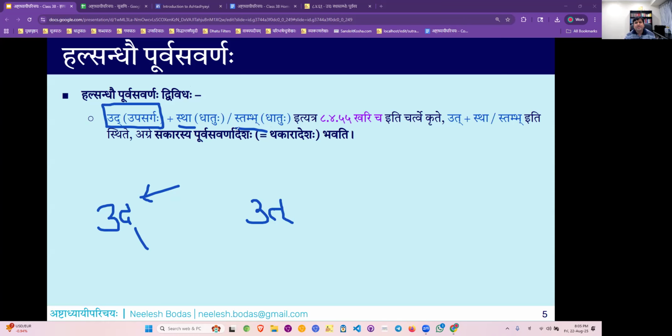what happens in the prakriya? Atra asyam prakriyayam sarvaprathamam adau kharicha iti chartve krute. So you have Udda becoming Utta. Varga prathamadeshaha bhavati. Utta plus stha or stambha iti sthite sakarasya ityukte paravarnasya.